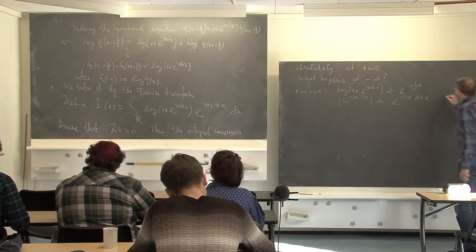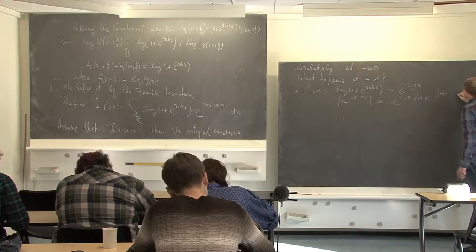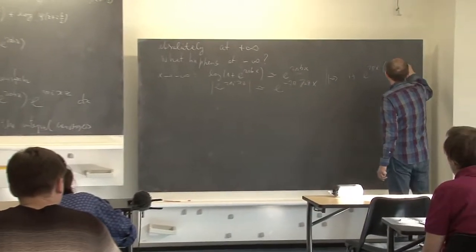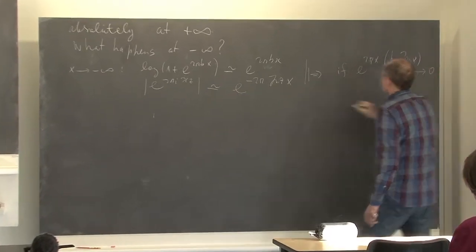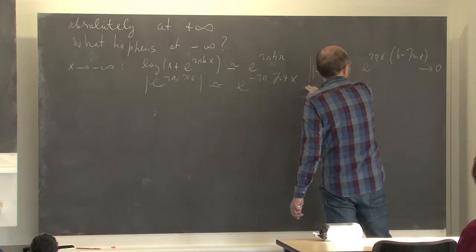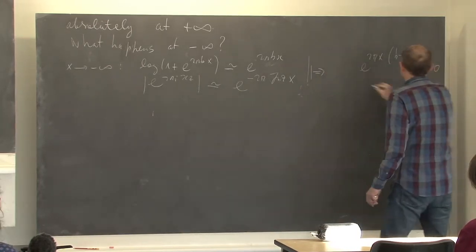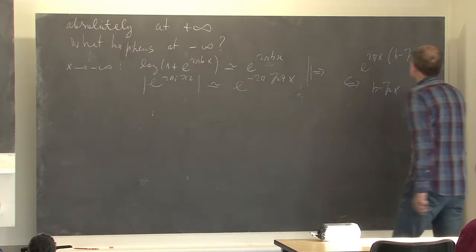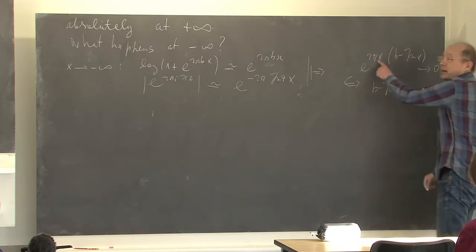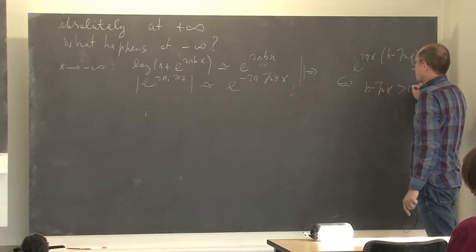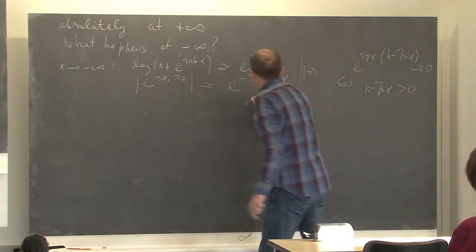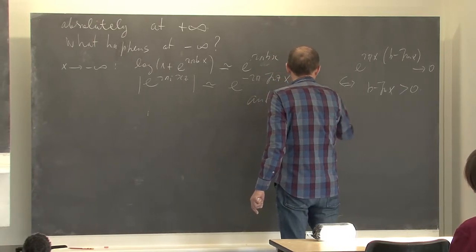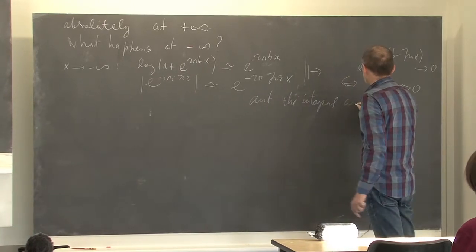So we have to put together e^(2πx(b - Im z)). If it goes to 0, then going to 0 is equivalent to b minus the imaginary part of z staying positive, because x is large negative, right? And the integral absolutely converges.